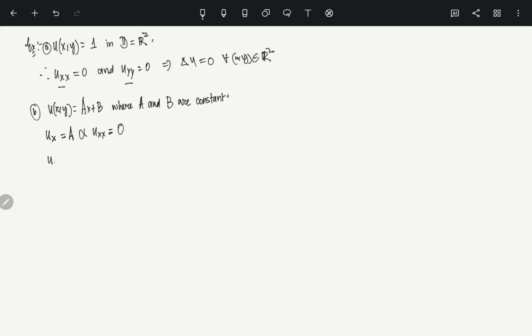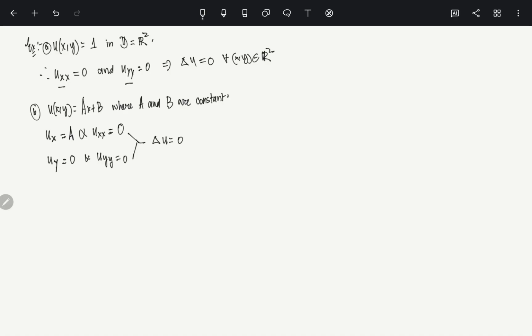And similarly uy, with respect to y, there is no y component here, so that is going to be 0. So what happens to this function? Is it harmonic? Of course it's harmonic. And uyy will be 0. If you combine those two, you have that the Laplacian of u is going to be 0. Clear? So that's an example.